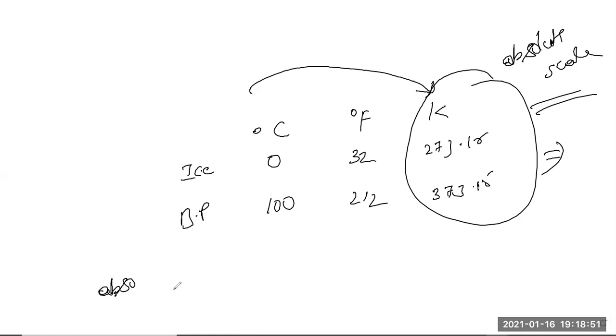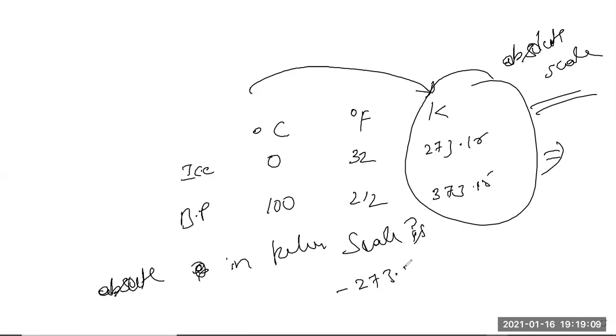So the absolute zero, or the least temperature in Kelvin scale, is minus 273.15 Kelvin. Okay, so this is absolute zero.